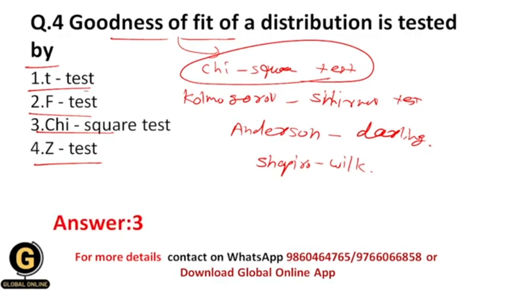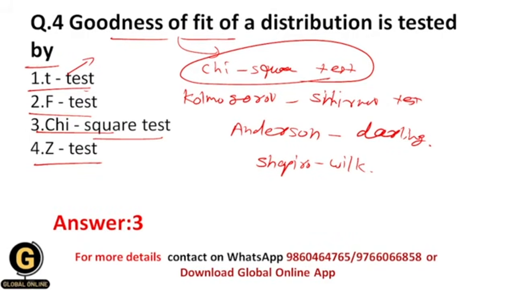Now over here, the t-test, f-test and z-test, all of these 3 tests are parametric tests, and the chi-square test is a non-parametric test. By using a t-test, we can find out whether there is a significant difference between the groups or not.